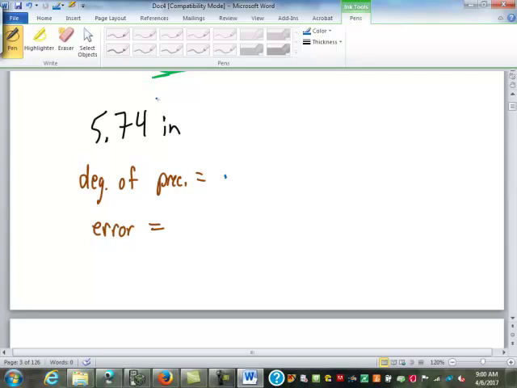So yeah, Nate there said it. What's the degree of precision? 0.01 inch, right? 100th of an inch. Because that last digit is 100th of an inch. So then the error is going to be plus or minus 0.005 inches. We just took that degree of precision and we divided it by 2.